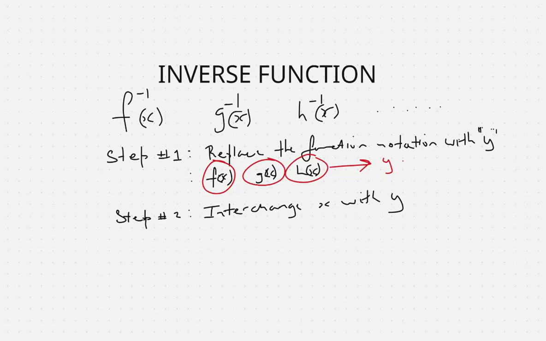All right. And then the final step, you're going to make y the subject. So you need to isolate y. In other words, some textbooks or some teachers will say isolate y. It means that you must get y by itself. Those are your three-step process to finding the inverse.